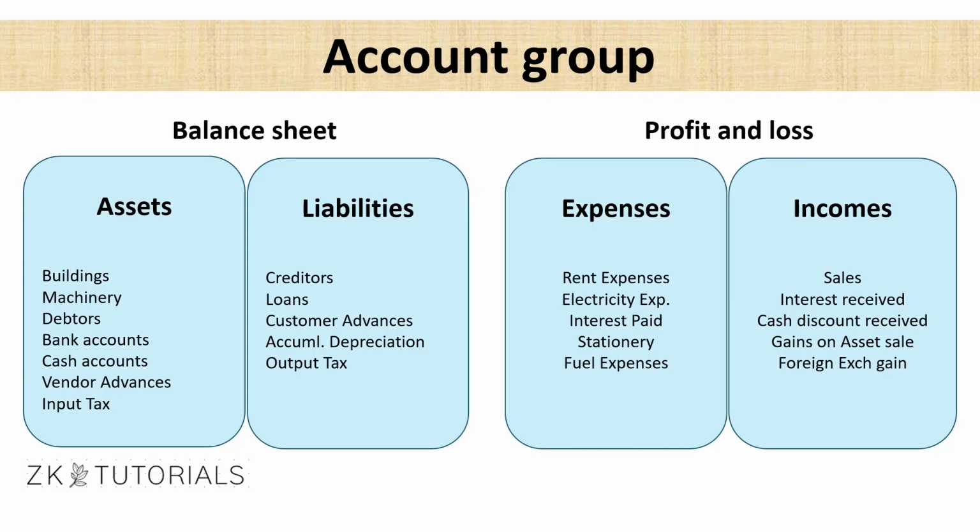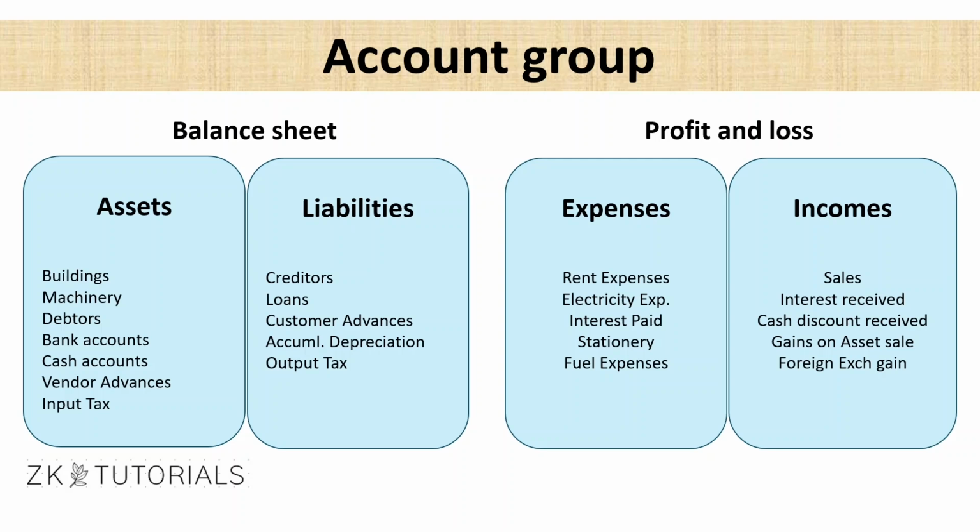In the same way, we will create an account group for incomes also, and for all the income related activities, we will create a separate GL account under the account group incomes. For example, sales, interest received, cash discount received, gain on asset sale, foreign exchange gain. These are all types of incomes. So many types of incomes will be there in the organization.